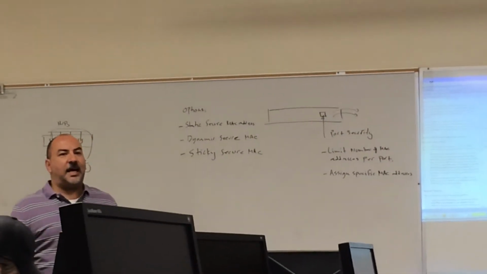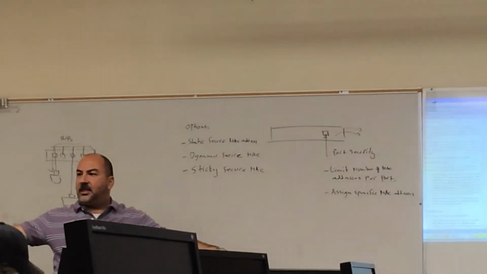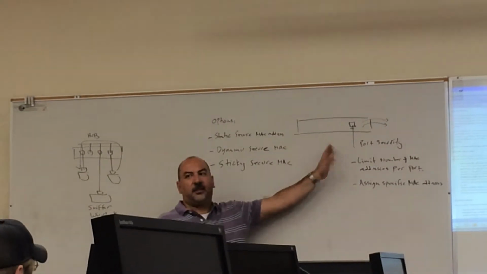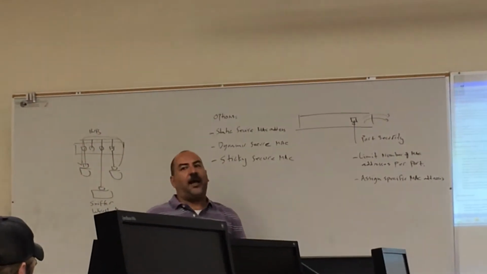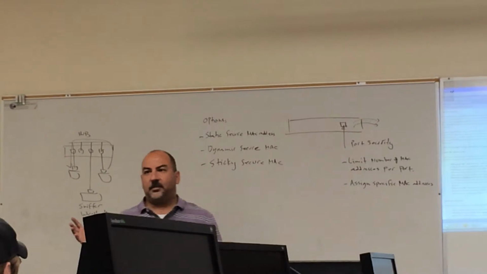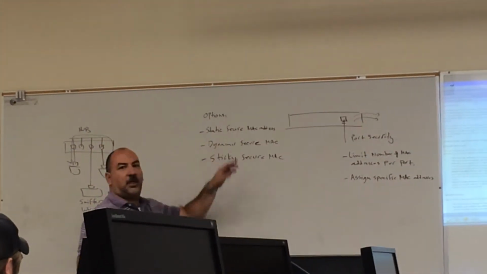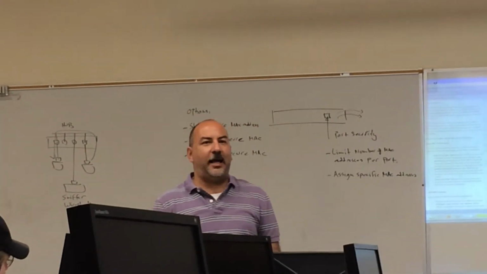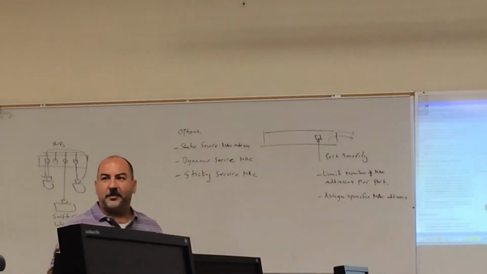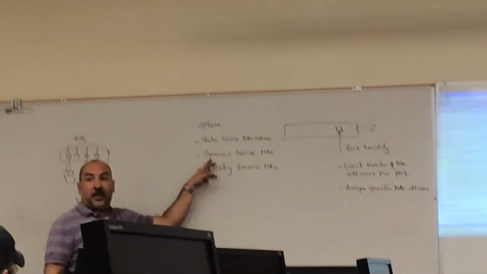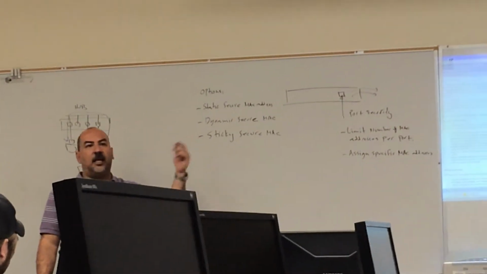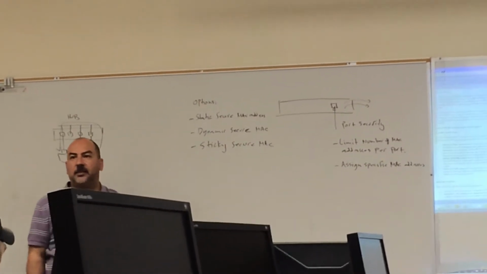So for example, I want all these people here to be able to access the port. This is just an example. I have 2 ways to do that. I can do static secure and type 25 MAC addresses by hand. I'm not going to do that. If I do it dynamic, it will learn them, but the problem is if I turn off the switch, it will all be erased, and then somebody else can come in and get access.